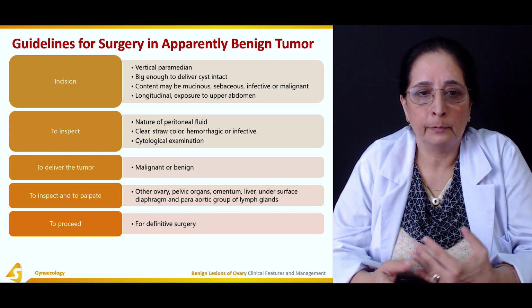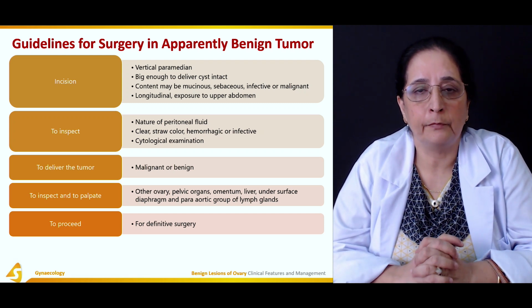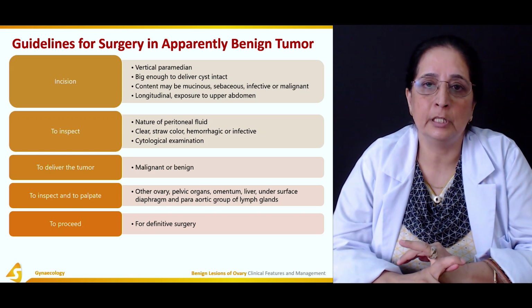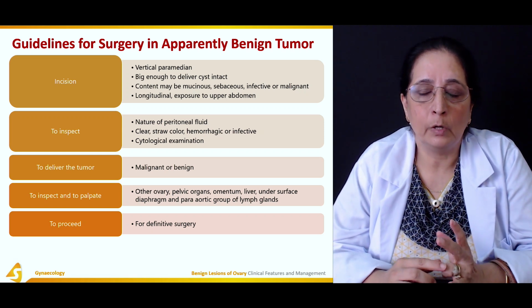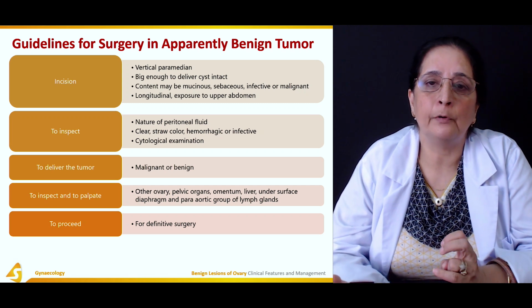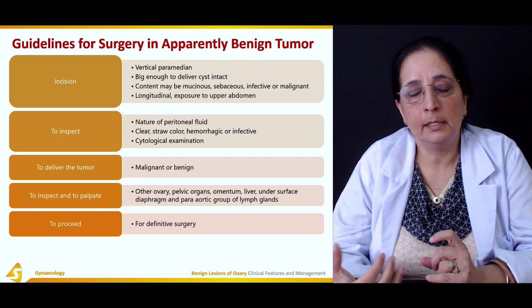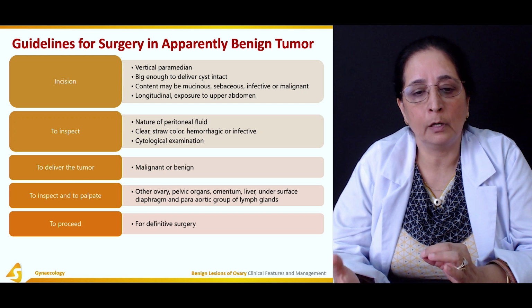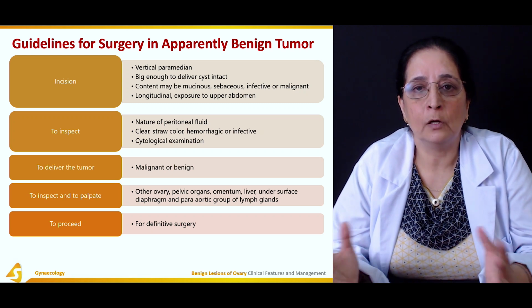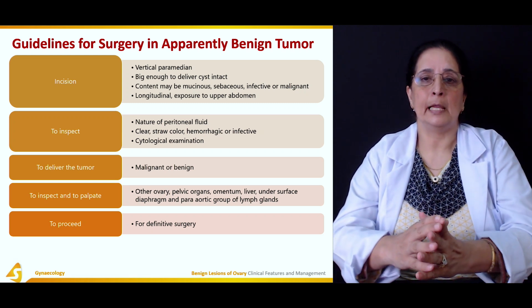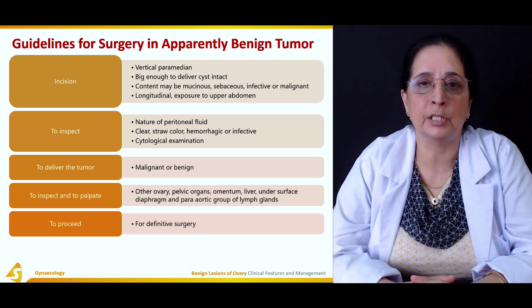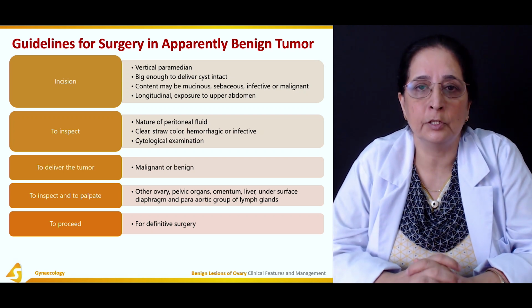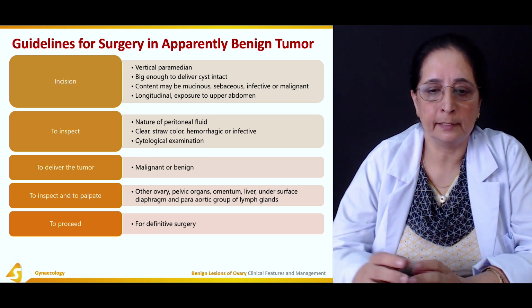Once all these guidelines are followed, what type of incision is given, what type of fluid is present on inspection, whether it's benign or malignant, and we also examine the other structures present, we go for the definitive surgery.